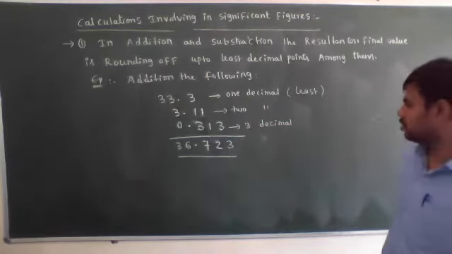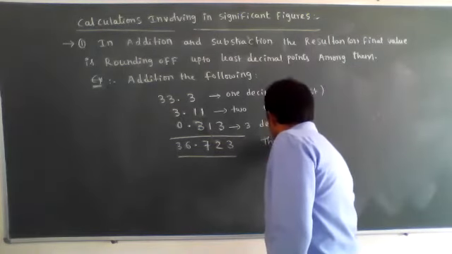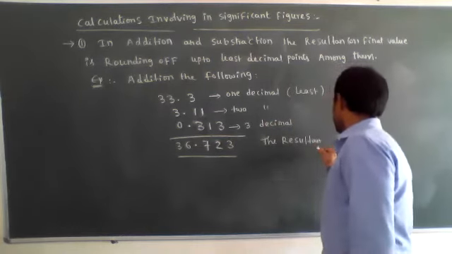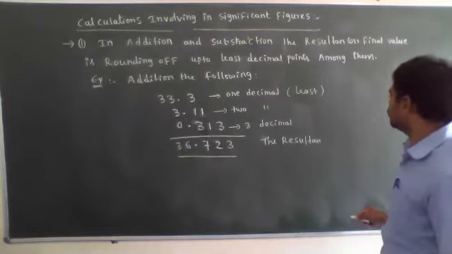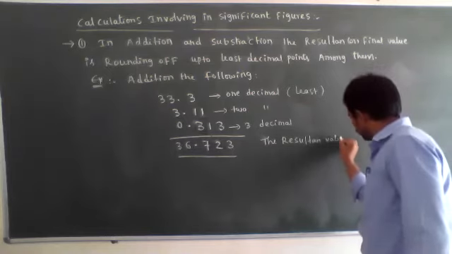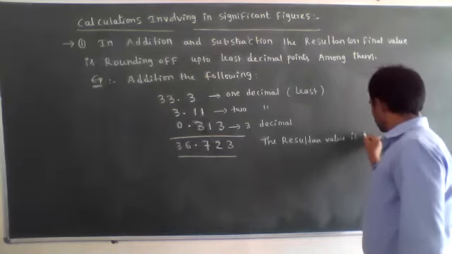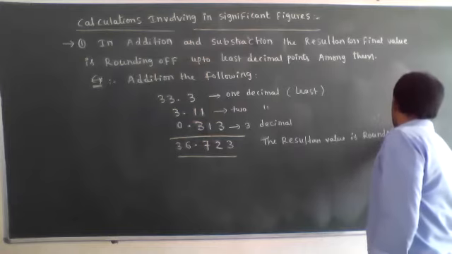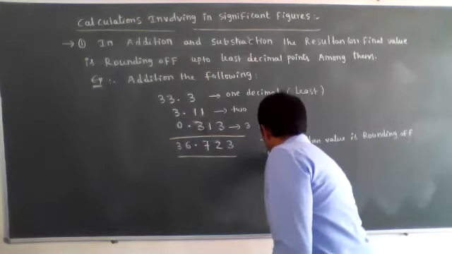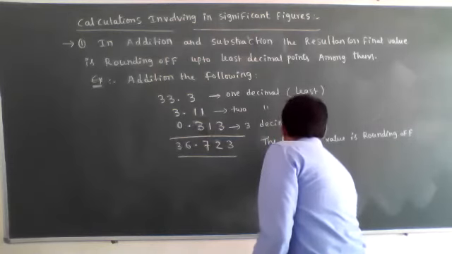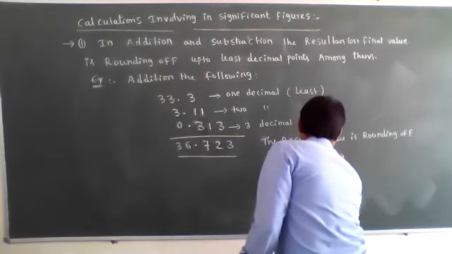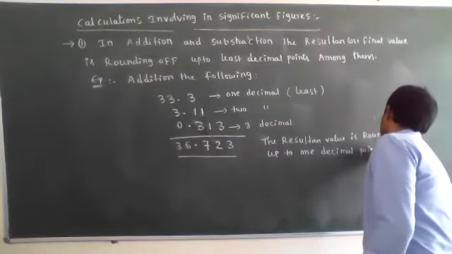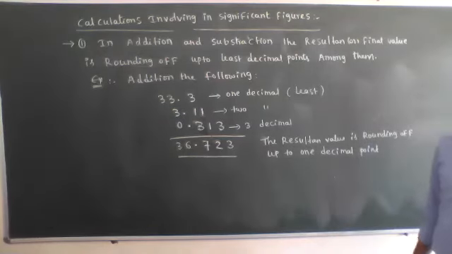So the resultant value is rounded off up to 1 decimal point.